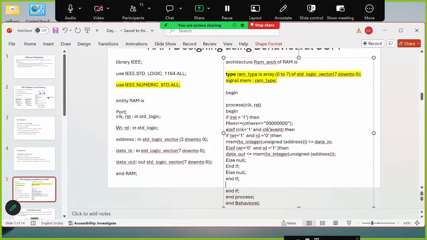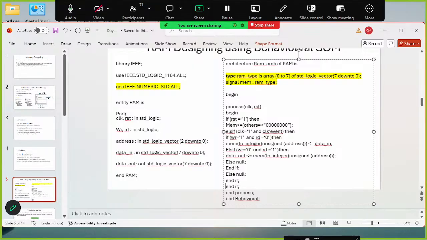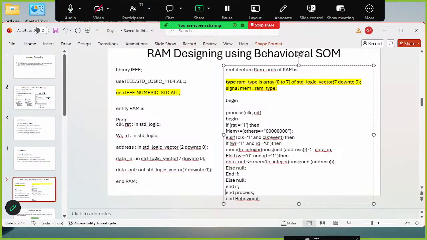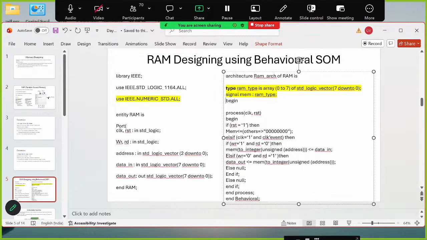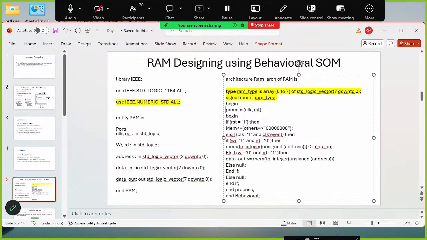Else if, and end if, sorry, only two end if are required for this process. After that, end process and end ram underscore arch.